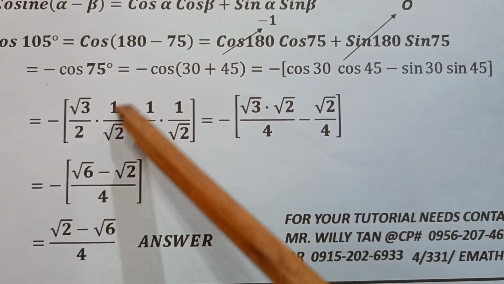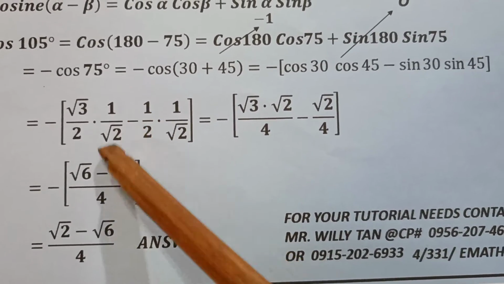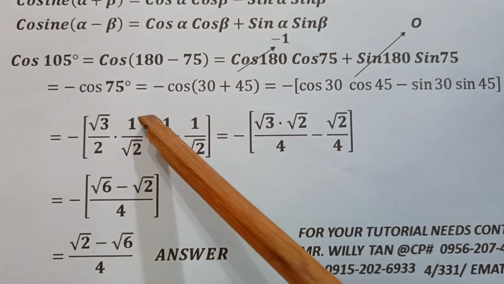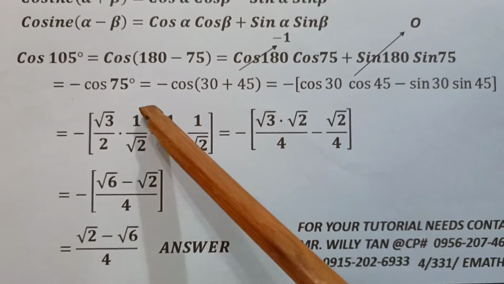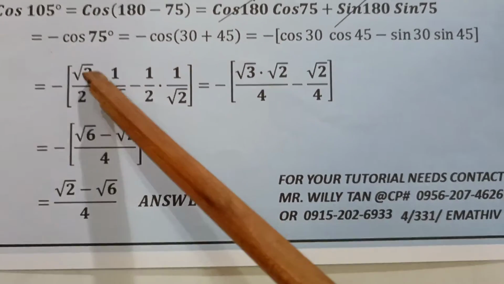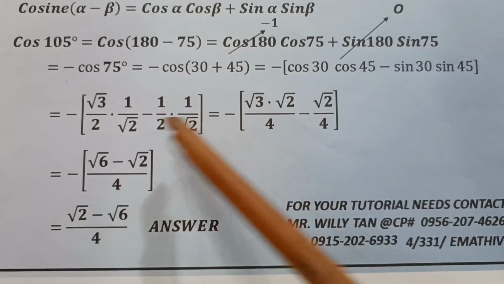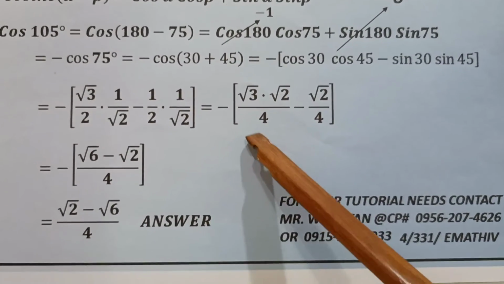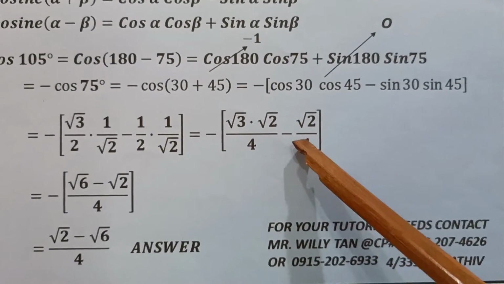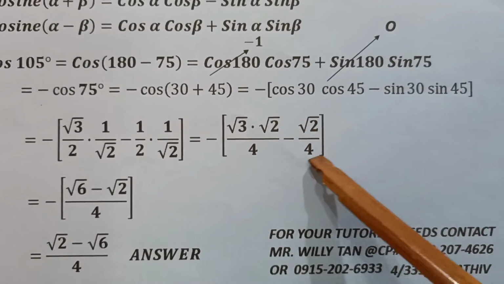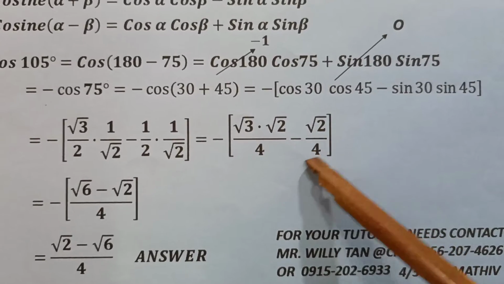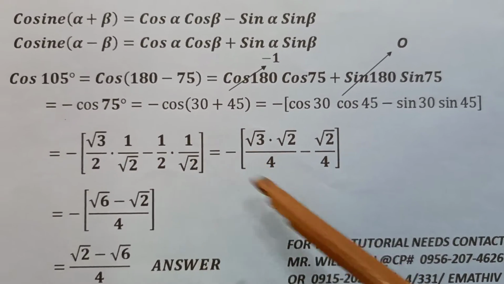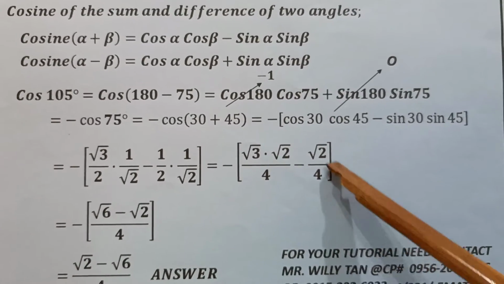So we multiply this one by square root of 2 over square root of 2. This becomes square root of 3 times square root of 2 over 4, since square root of 2 times square root of 2 is 2, times 2 gives 4. Similarly, the other term has the denominator 4.